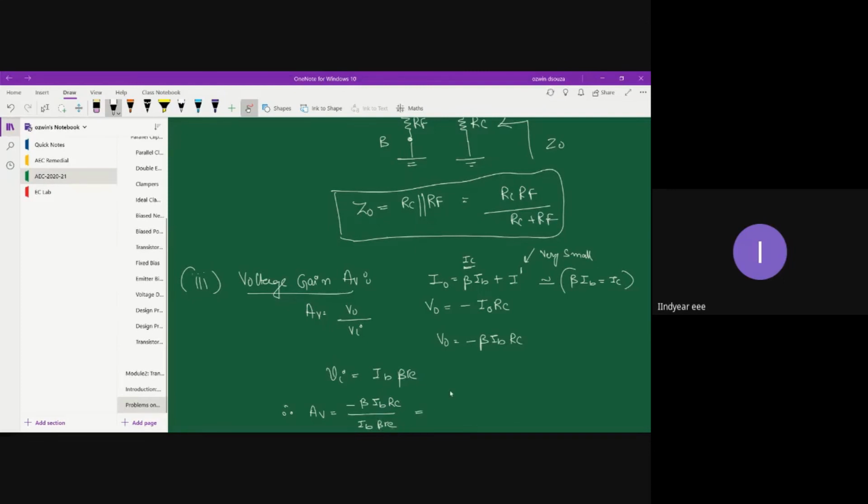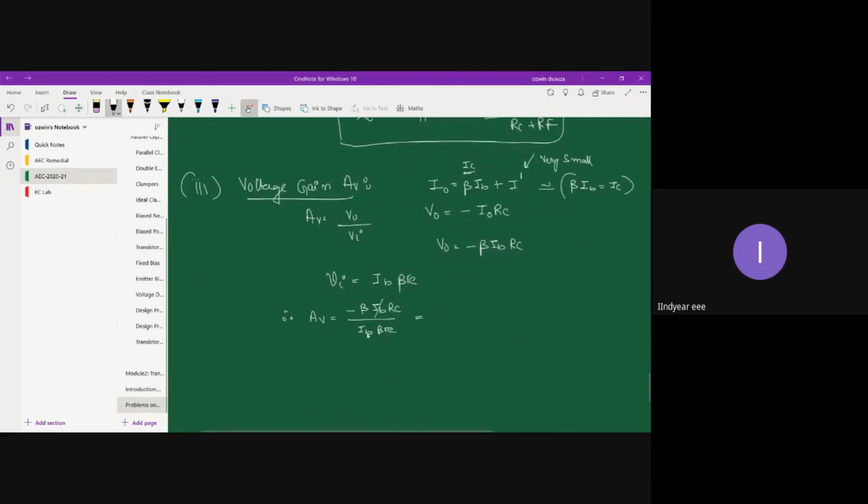So IB gets cancelled and beta gets cancelled, and your voltage gain becomes the ratio of collector resistance to AC emitter resistance RE. So voltage gain is minus RC by RE, similar to emitter bias and voltage divider bias with bypass capacitor. It's a similar expression. So that's your voltage gain.